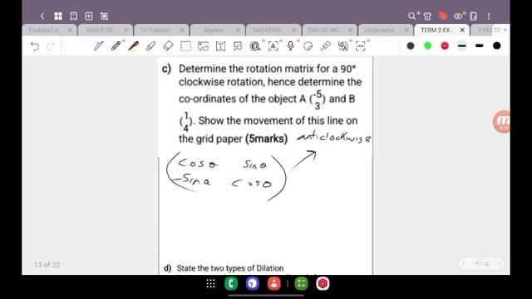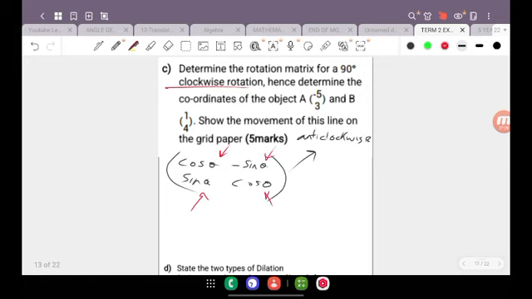Now, as opposed to doing that, notice that if I keep my sign exactly where it is, and I put 90 degrees here, then that would just be a 90 degrees counterclockwise, but the question specifically stated that they wanted a clockwise rotation. So if you're going to use the anti-clockwise formula for 90, you then have to insert 270 degrees where theta is.